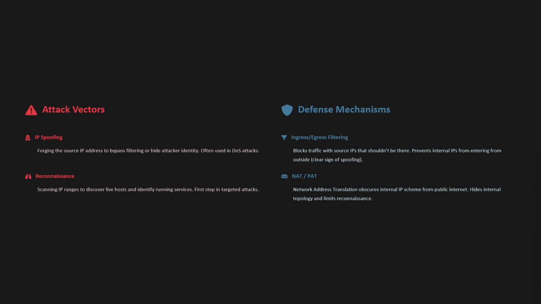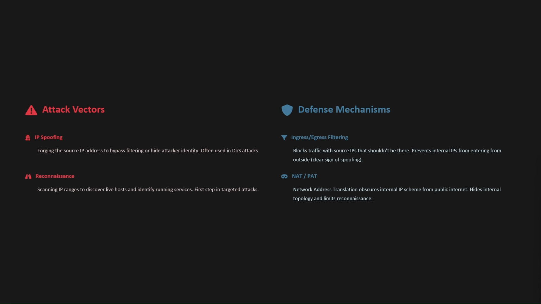Another critical security task is reconnaissance. Attackers use IP addressing knowledge to scan your network, identifying which hosts are live and what services they are running. This is the first step in almost every targeted attack.